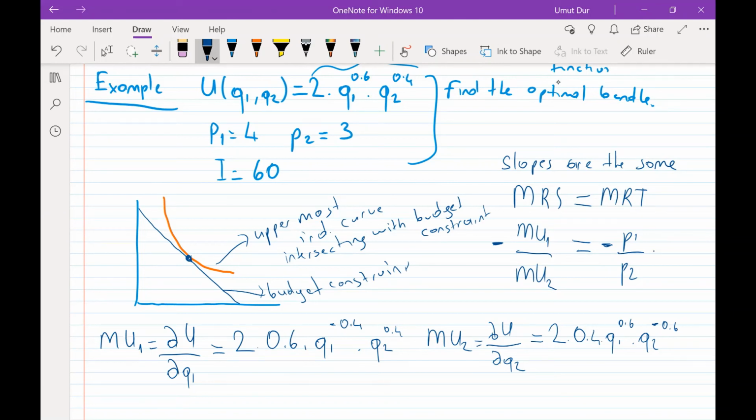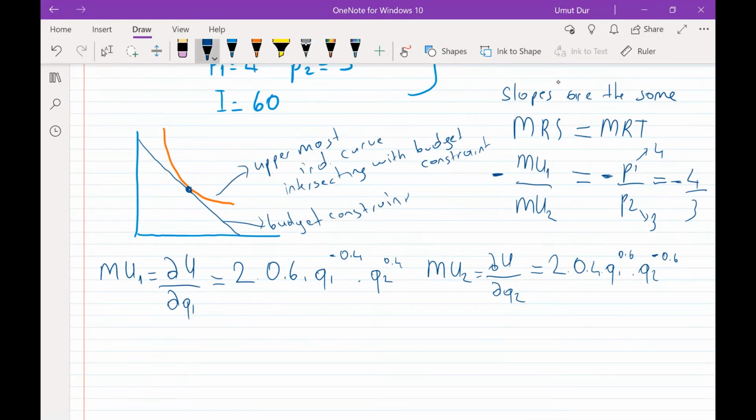I already know the ratio of the prices: price 1 is 4, price 2 is 3, and the ratio will be minus 4 over 3. What is left is to find this ratio.